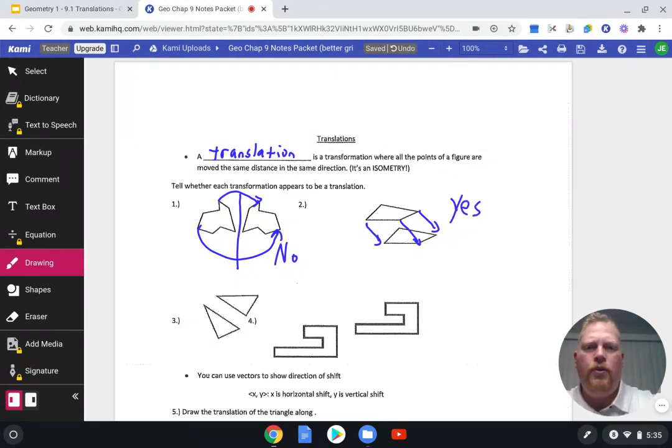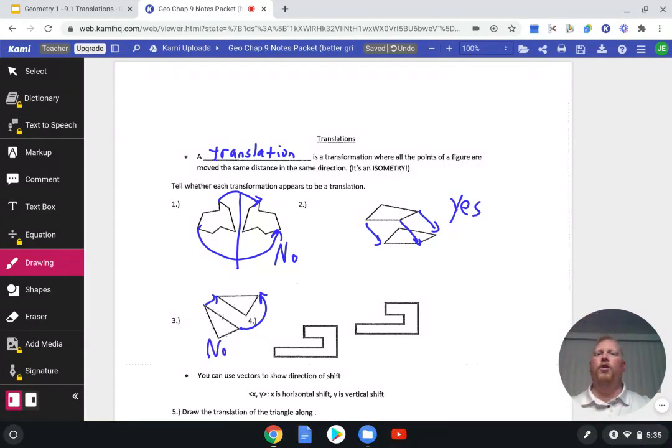Okay, question number 3. At first glance, some people might say, yeah, it looks like you just slid it over there. But it doesn't quite look right. This point here looks like it just got shifted over. But this point to here, it doesn't look like it got shifted. It looks like it got turned that direction. So I'm going to say no, that is not a translation.